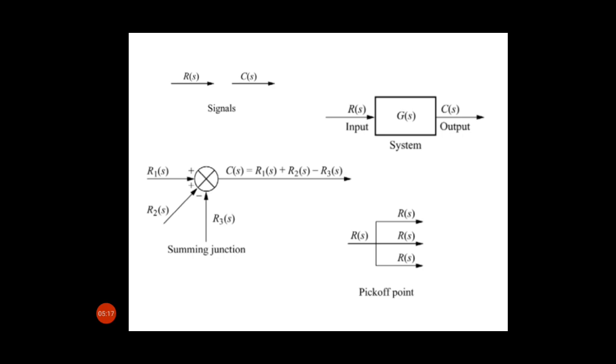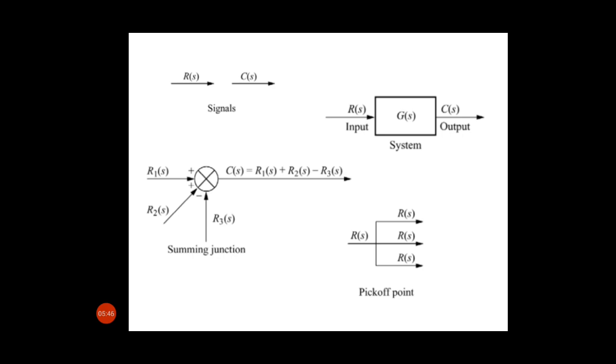Now coming to the block. Block will be like this. It represents a square or rectangle. Whatever the system parameters are there, those are going to be added here. That means whatever signal you are passing, that signal will pass through this block.